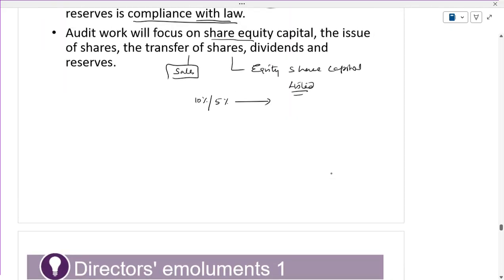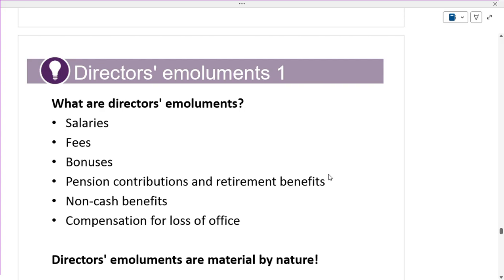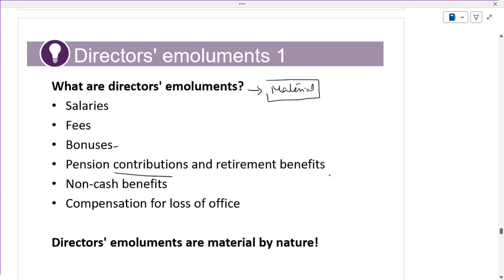Directors' remuneration: how are we going to pay the directors? We are talking about directors' remuneration because it is material. When we talk about directors, what are the salaries, fees, bonus, any pension contributions you are paying as per the contract?